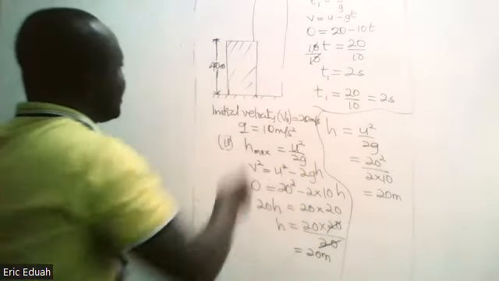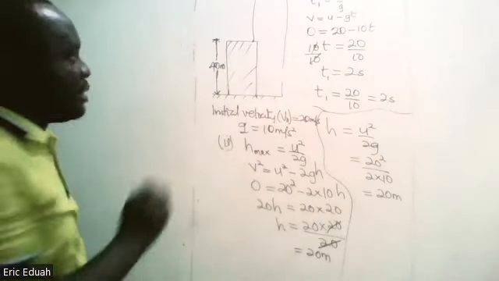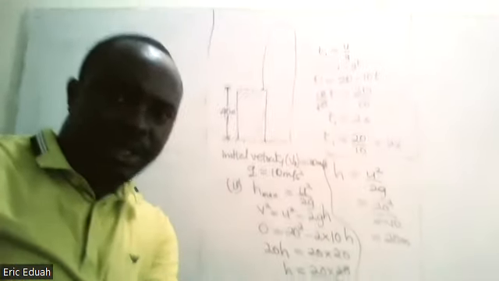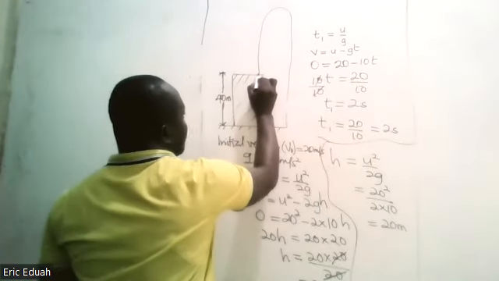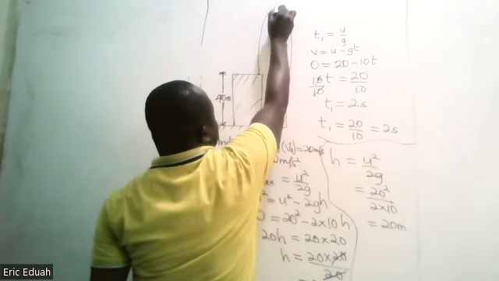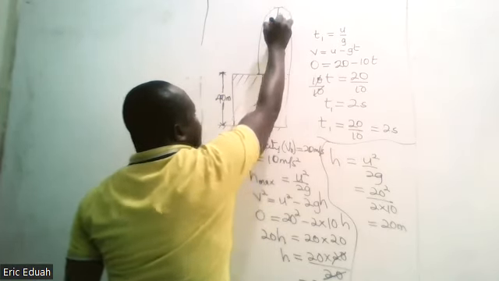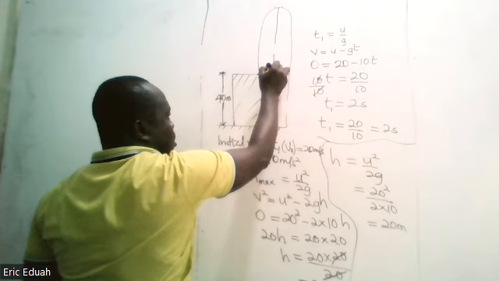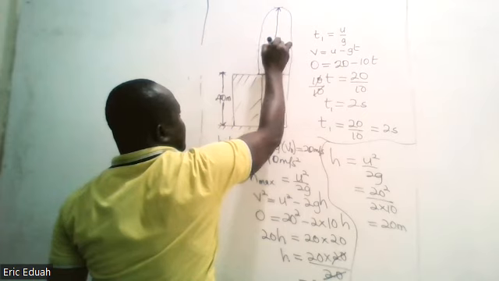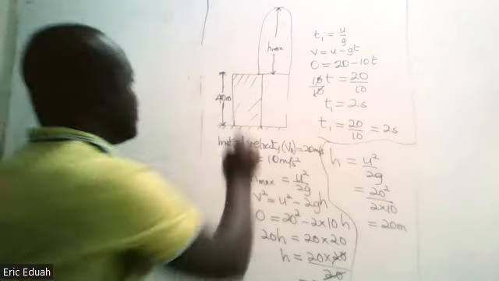Okay, so the body is projected from this point. It will move from this point, get to the maximum height, and then start returning. So this is the highest point or the maximum height. And they are asking how long will it take to return to its starting point?